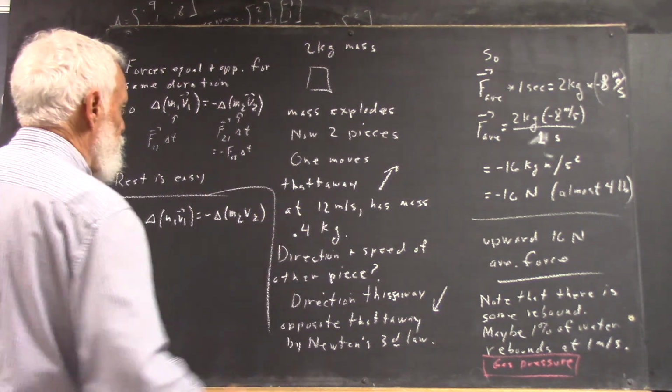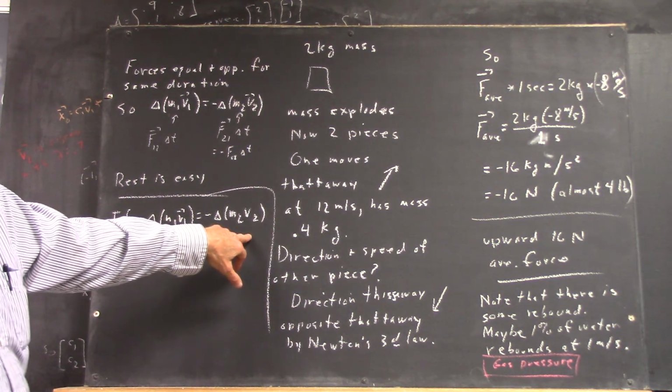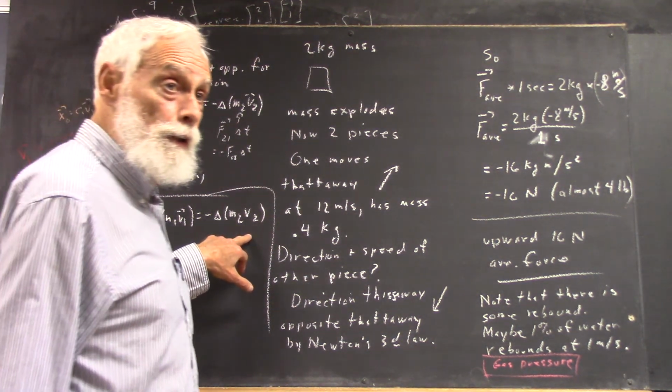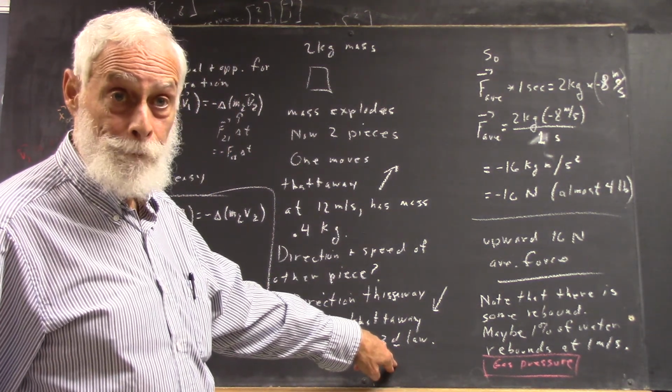Okay. If the change in m1v1 is equal and opposite to the change in m2v2, and hopefully we're pretty well conversant with how that follows from Newton's third law, okay?